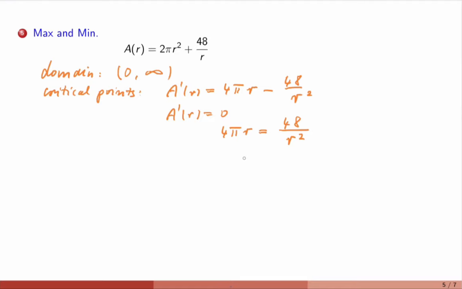Can you do this in one step? Then we have r cubed equals, now 48 divided by 4 is 12, and then we still divide by pi, so r cubed equals 12 divided by pi, so r is equal to the third root of 12 divided by pi. So that's our critical value.